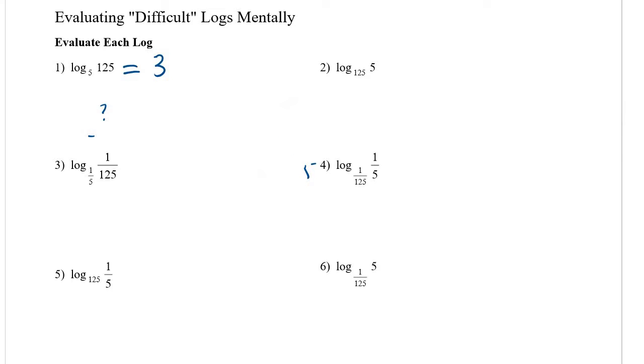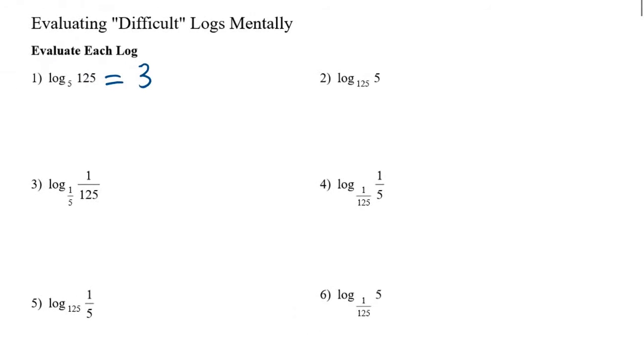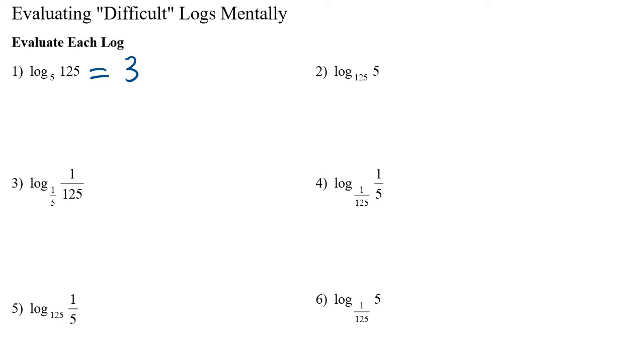Now, if I reverse it and give you the log base 1/25th of 5, or base 1/125th of 5, you will be thinking in your mind, what should I raise 1/25th to, to get 5?